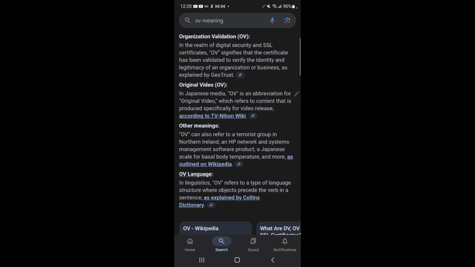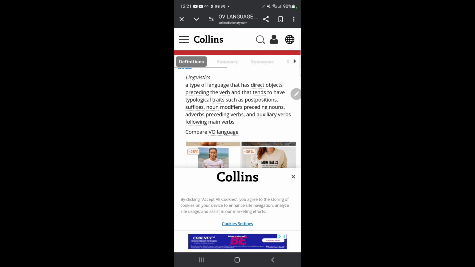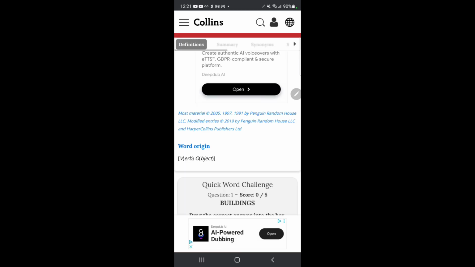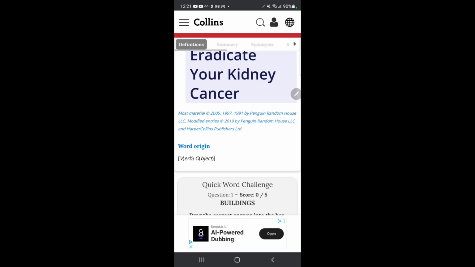Of course, back in the day, in linguistics, OVO, right, refers to a type of language structure where objects precede the verb in a sentence, as explained by Collins Dictionary, compared to VO language. Voiceover, probably, huh? No, VO would be verb object.